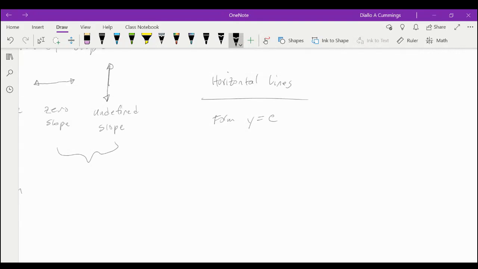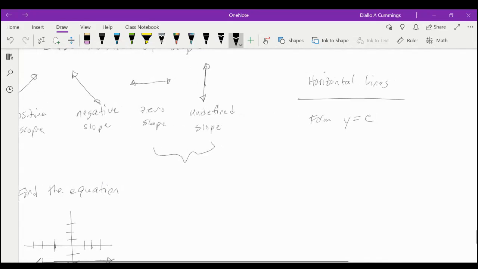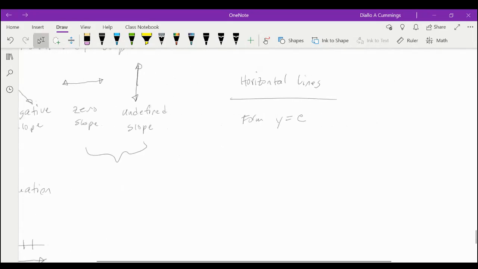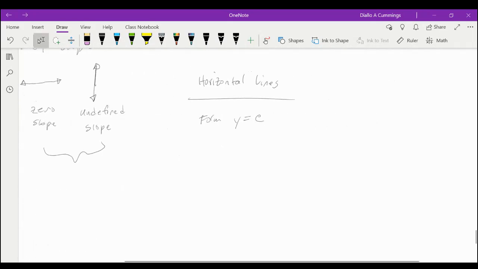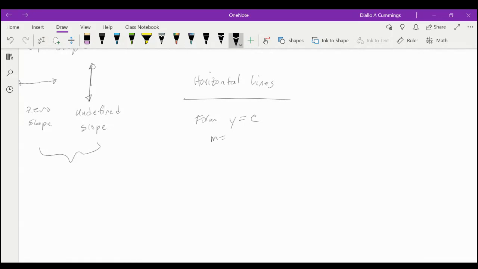We're going to talk about slope intercept form, which you should be familiar with: y is equal to mx plus b. Whenever you deal with horizontal lines, there is no x variable, and the slope is 0. So m is the mathematical notation for slope.